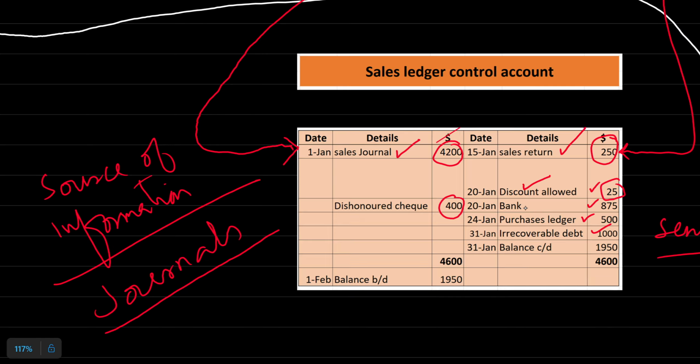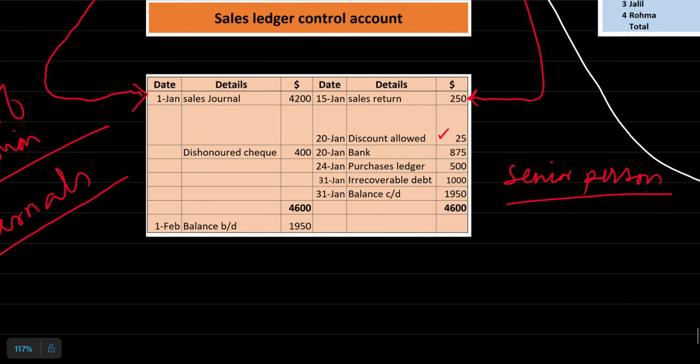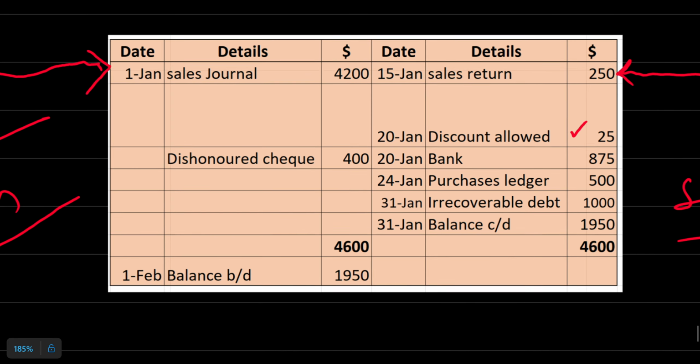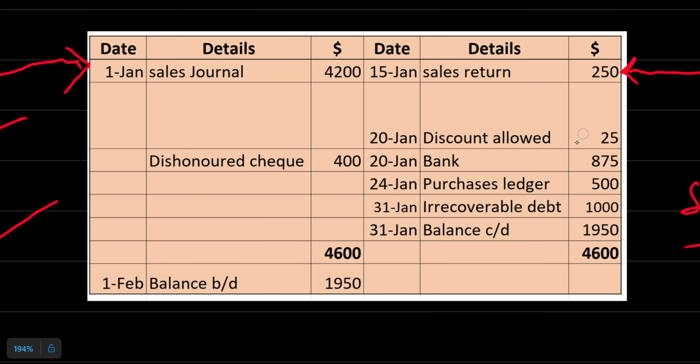Discount allowed, cash book. Contra, general journal. Irrecoverable debt, general journal. Now this control account has been prepared. It is prepared from the totals of journals and the total amount receivable from all the customers is 1950 after balancing off this sales ledger control account.